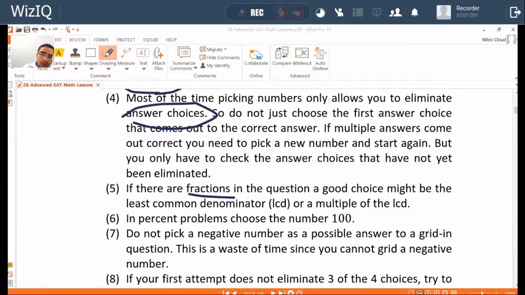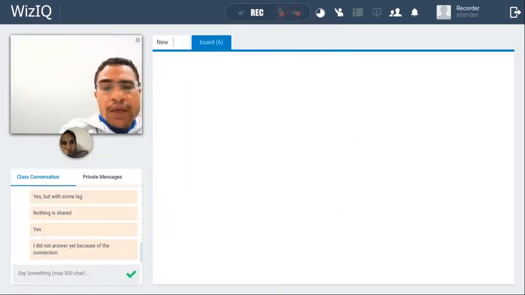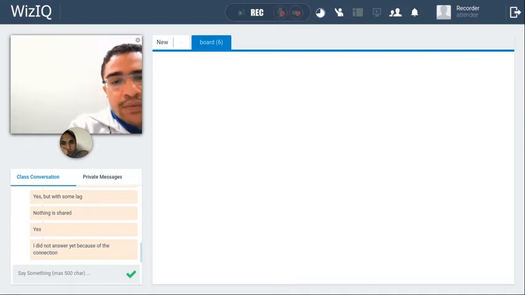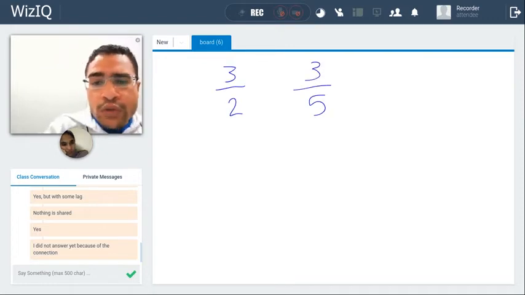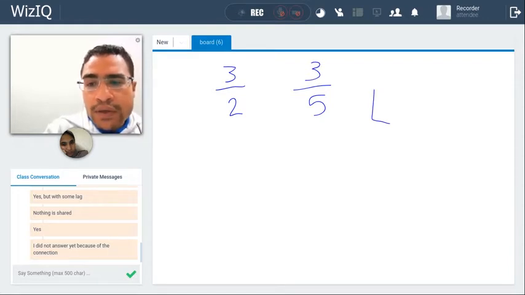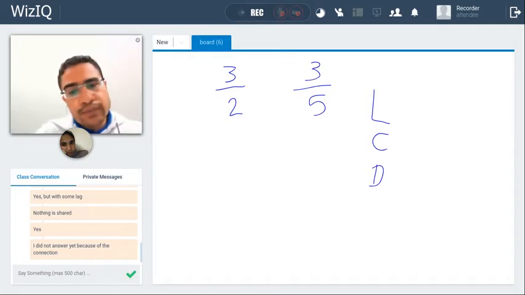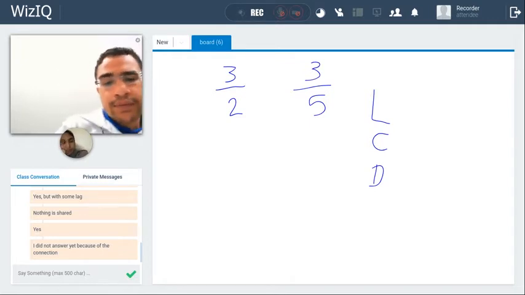Here is a quick question. What do I mean by the least common denominator? If I have these fractions, what would be the least common denominator? 10. Exactly, that would be 10.